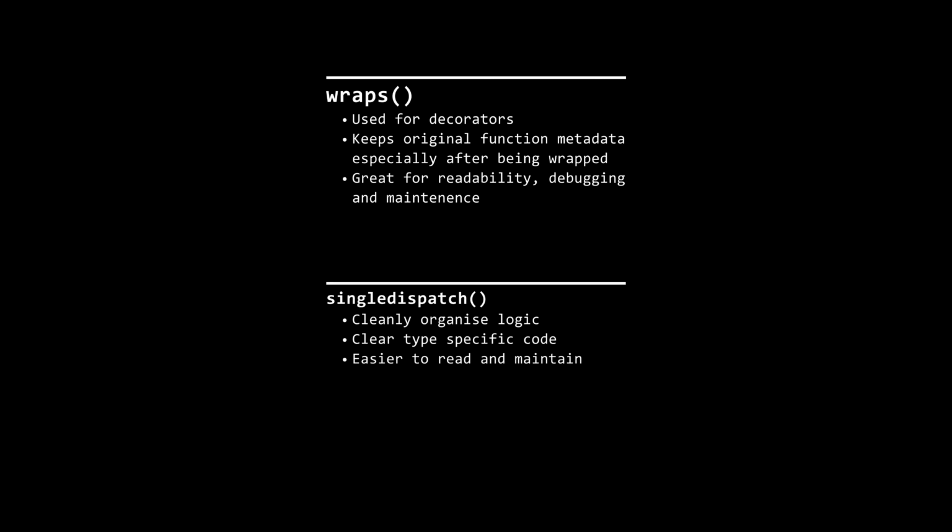Instead of cramming a bunch of isinstance checks into one function, we can register different versions for each type, all under the same function name. Together, these two tools let us write more modular, reusable, and Pythonic code without sacrificing clarity.